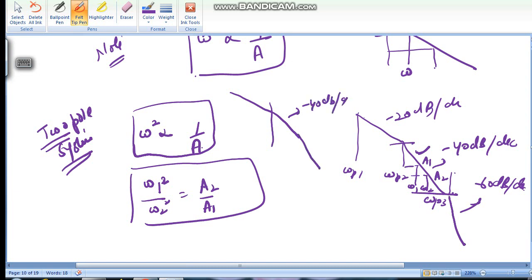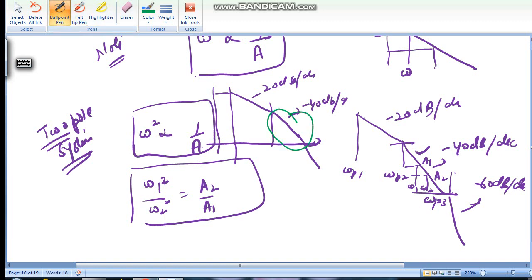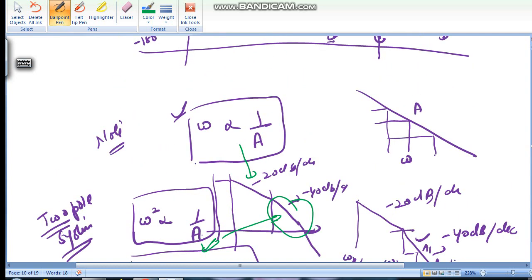Say we have only a two pole system; this is minus 20 dB per decade. So this equation is for this region, and this equation is for this region.